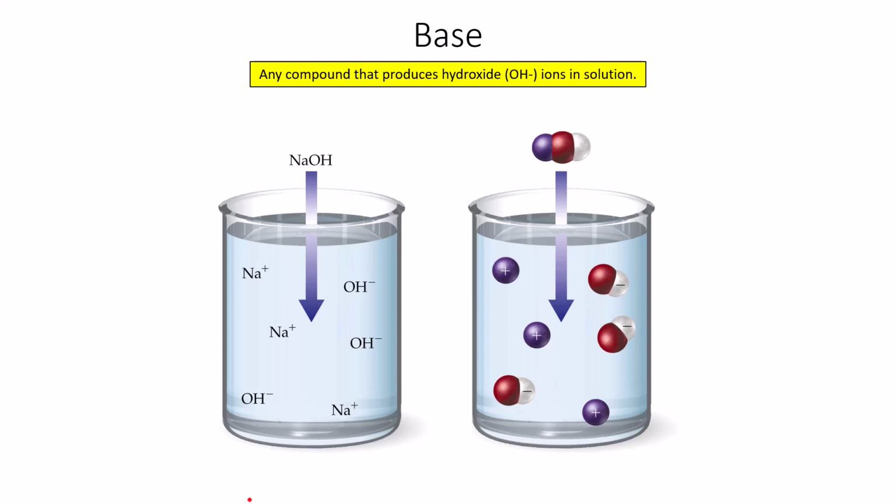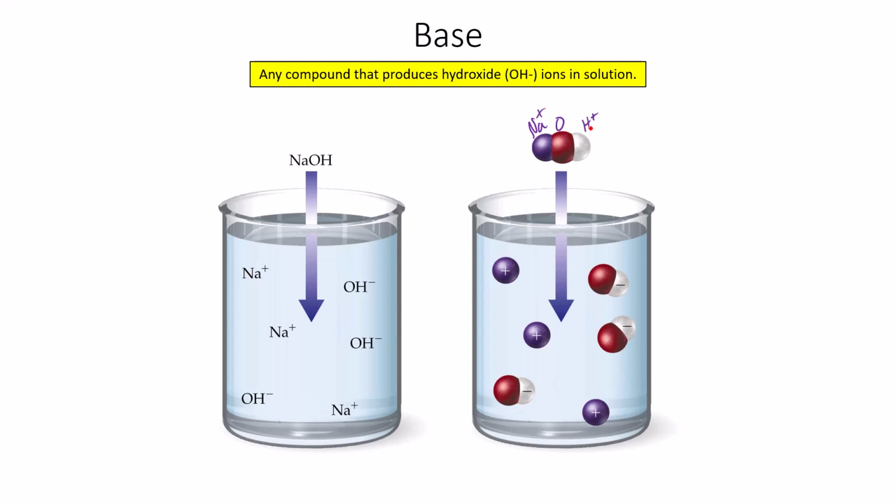In contrast, a base is any compound that produces those hydroxide ions in solution. And so when we look at this particular compound, NaOH, sodium hydroxide, we have an Na, which is a sodium atom, we have an oxygen, and we have a hydrogen. When the sodium hydroxide is put into our solution, which contains water as the solvent, the sodium ion is going to pop off, and you'll notice that the sodium maintains the positive charge, so that would be our cation.